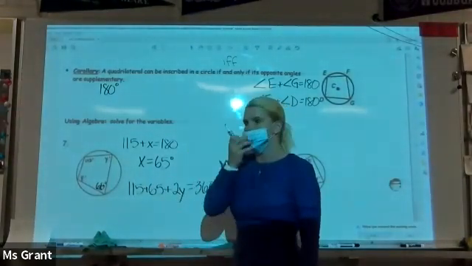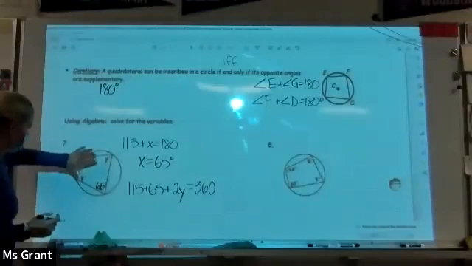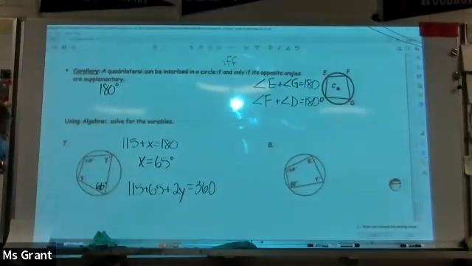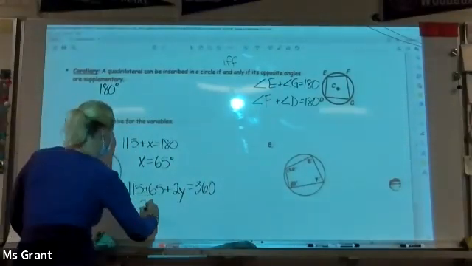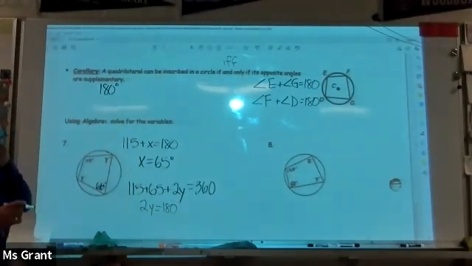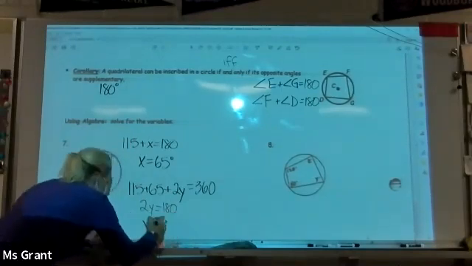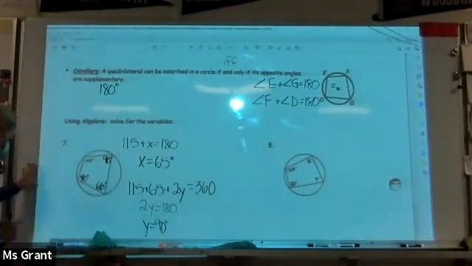What do you get when you subtract those? 360 minus 115 minus 65. 2y, let me go slower. So the two y's together have 180 degrees and they're the same size. That's where you get y equals 90. 90, 90.